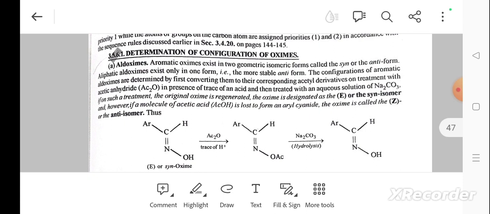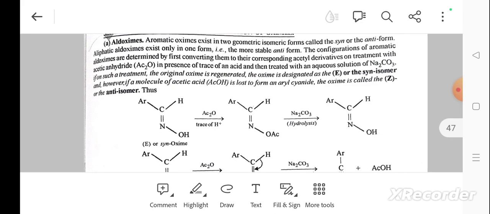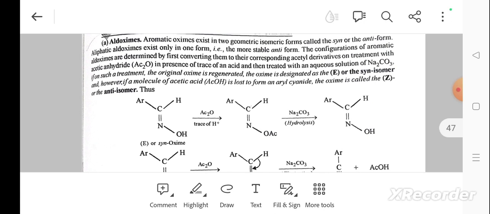Determination of the configuration of oximes. Aldoximes. Aromatic oximes exist in two geometrical isomer forms called the syn or anti form. Aliphatic aldoximes exist in only one form, the more stable anti form. The configurations of aromatic aldoximes are determined by first converting them into the corresponding acetyl derivative on treating with acetic anhydride in the presence of a trace of acid, then treating with an aqueous solution of Na2CO3.